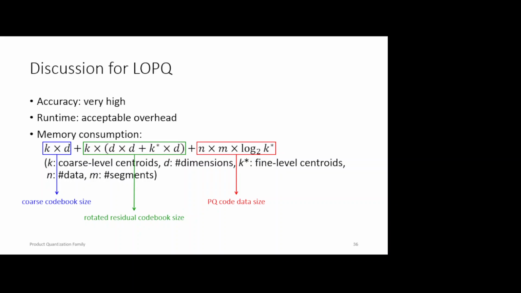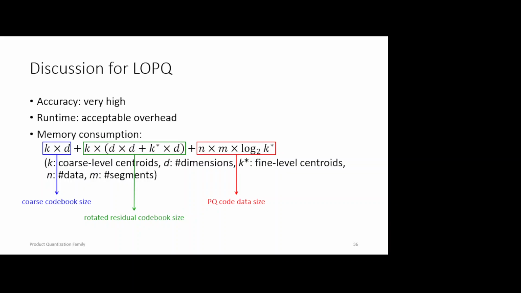There are three parts of the memory used in LOPQ. First is K by D. K times D is your coarse codebook size. Remember, in LOPQ we have two quantizations. First is the coarse quantization, which means you apply k-means first.